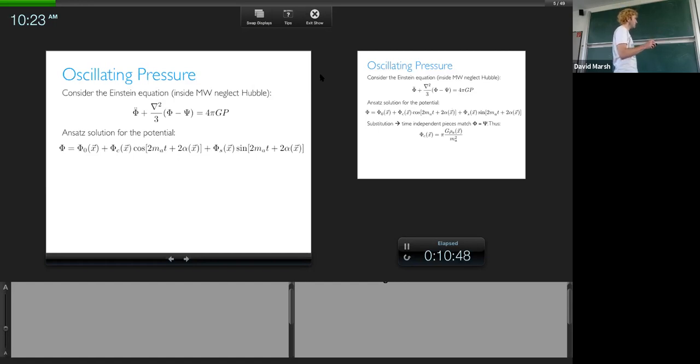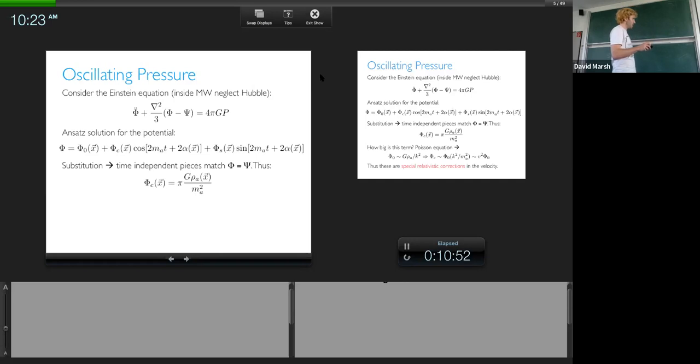If you substitute this solution in, you find that the time-dependent pieces of the Newtonian potential and the curvature potential have to match, phi equals psi. I'm going to be ignoring the time-dependent contribution of the curvature perturbation psi. In Kaminsky and Rubakov, they discuss this in a little more detail and show that it can be neglected.